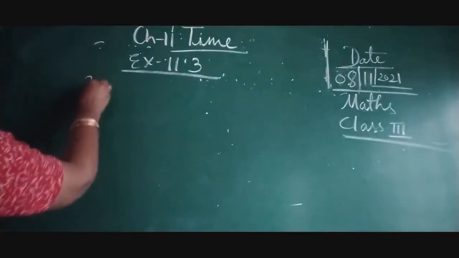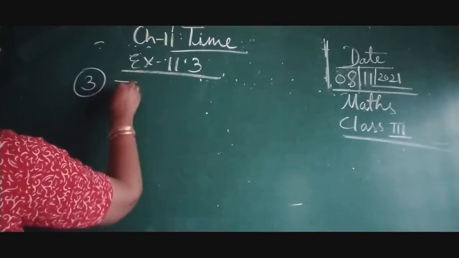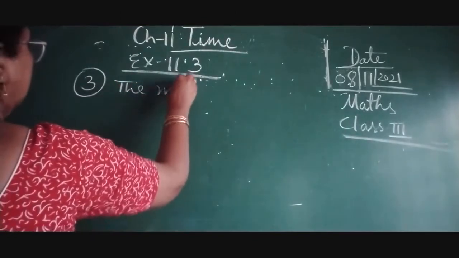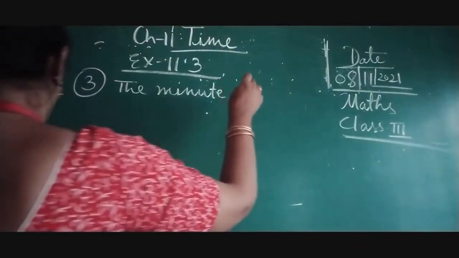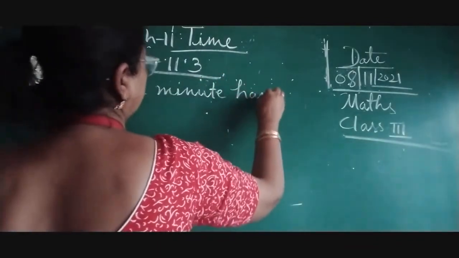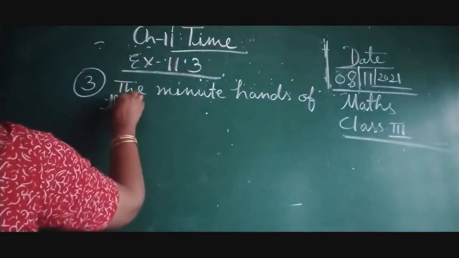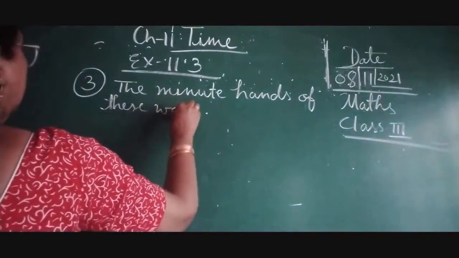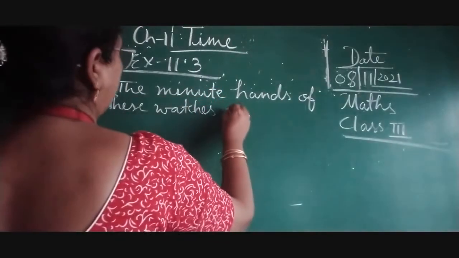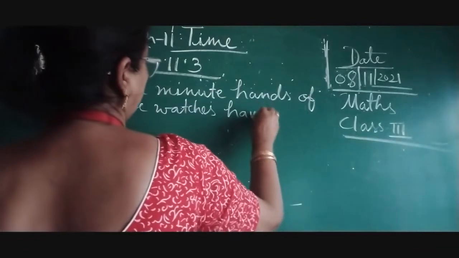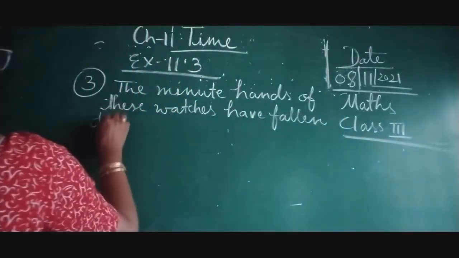The third number question is: the minute hands of these watches have fallen down.